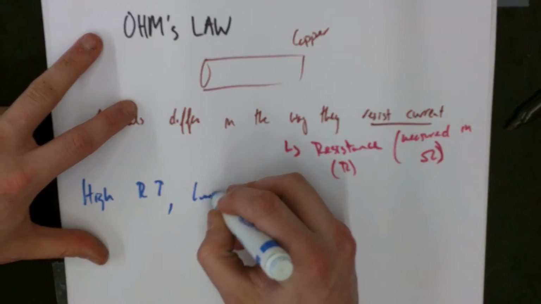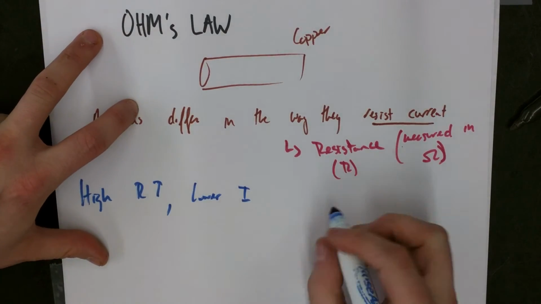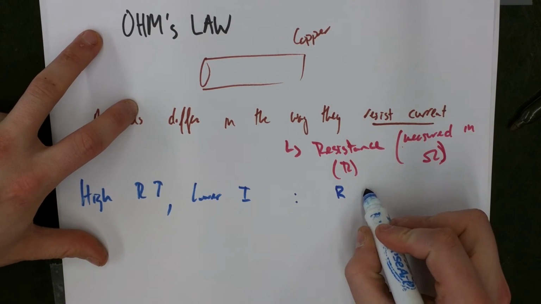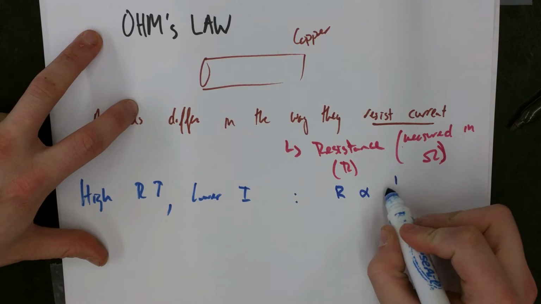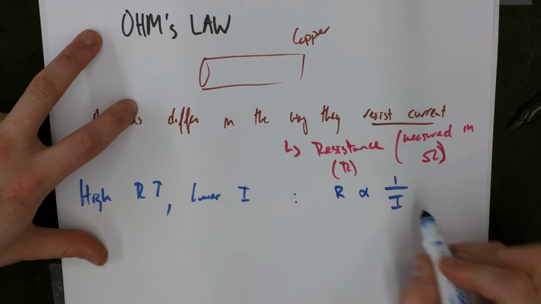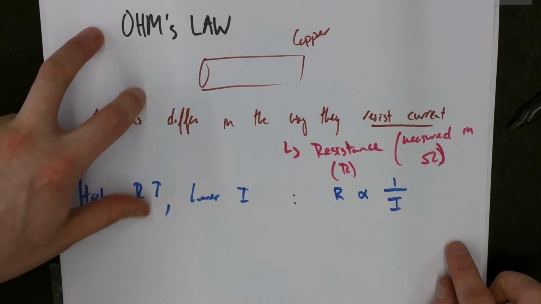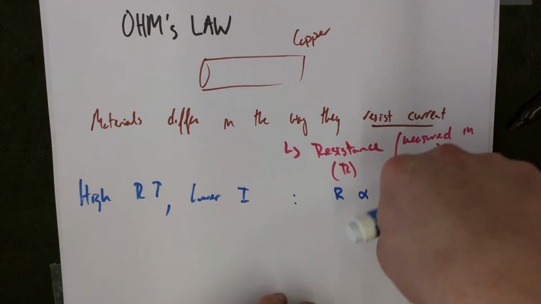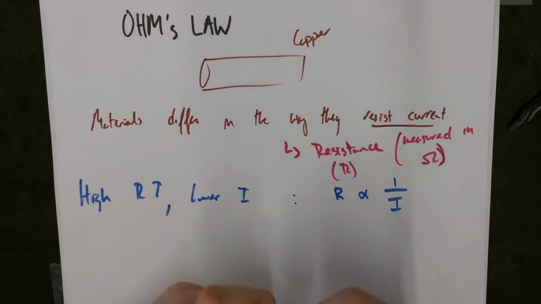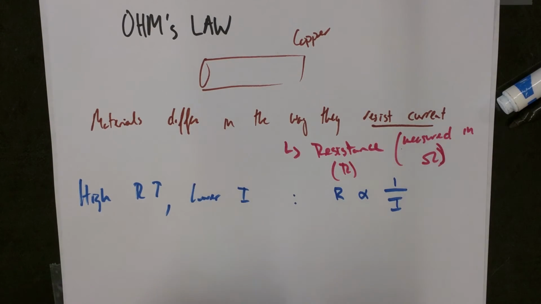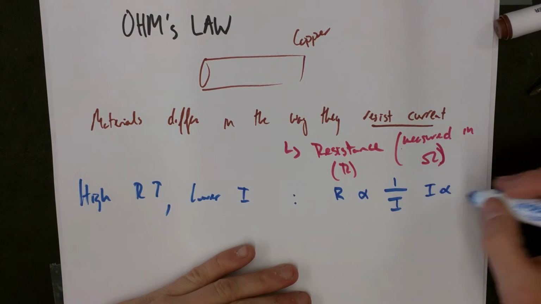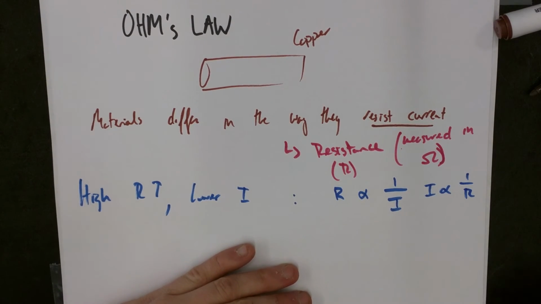So lower current. How could I express this? Resistance must be proportional to the inverse of current. If resistance goes up, then current goes down. Or I could say the same thing, just placed in that form.